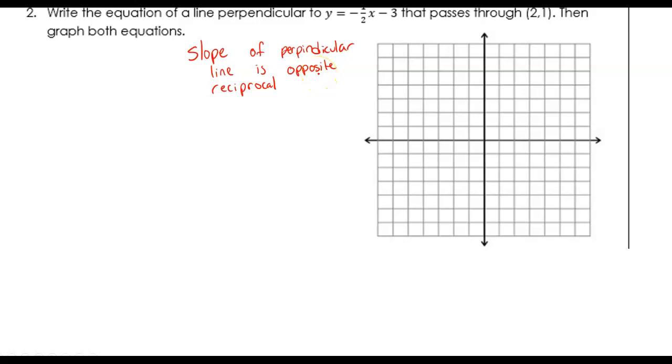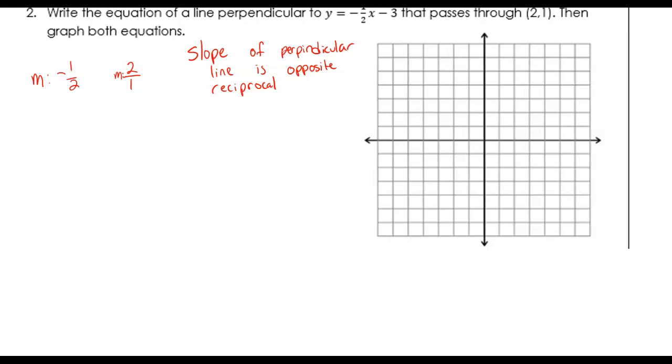So my original line, the slope was negative 1 over 2, negative 1/2. So I'm going to flip that over, make it 2 over 1. And then because my original was negative, the opposite of that is a positive number, so my perpendicular line slope is right here. It is 2 over 1, or just 2.